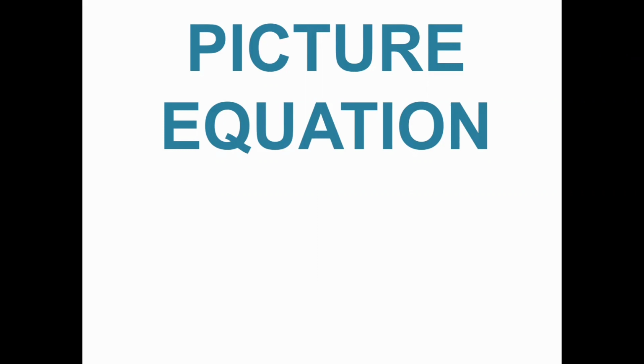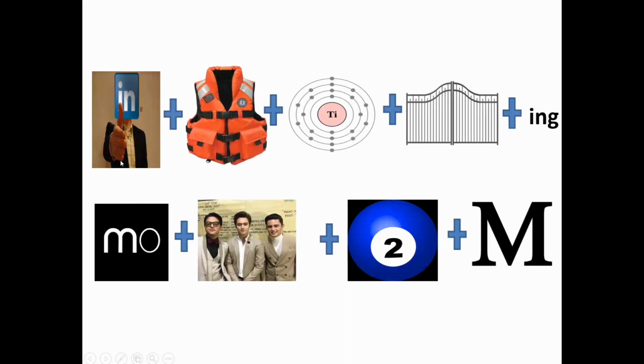So let's unlock the first set of image. The first set of image represents the first word for the mystery phrase, and the second set represents the second word for the mystery phrase. So let's unlock.